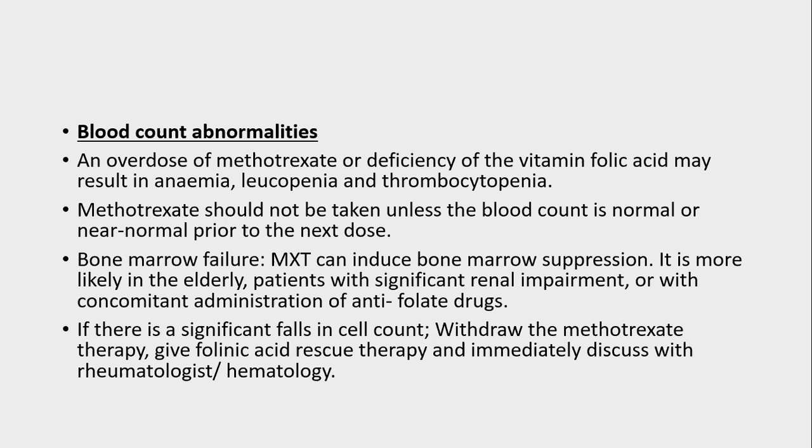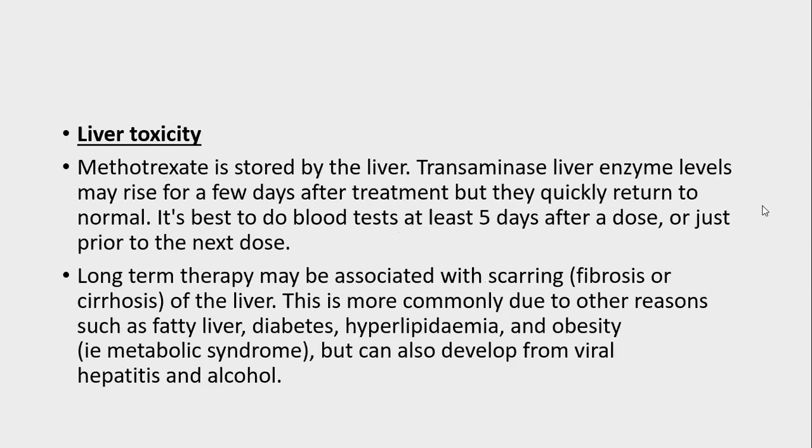Bone marrow failure can be induced by methotrexate. It is more common in elderly with significant renal impairment or concomitant administration of other antifolate drugs like trimethoprim or sulfonamide. When there is significant fall in cell count, methotrexate is immediately withdrawn and folinic acid therapy is initiated after discussing with a rheumatologist or hematologist.